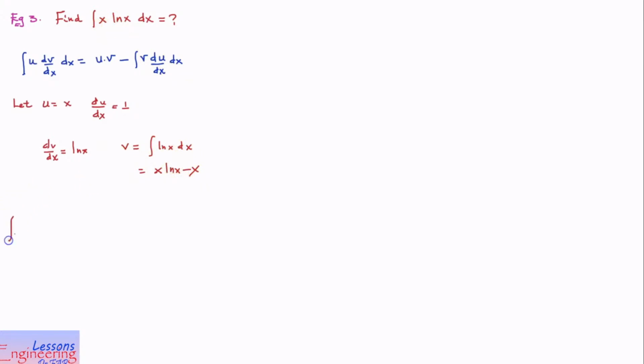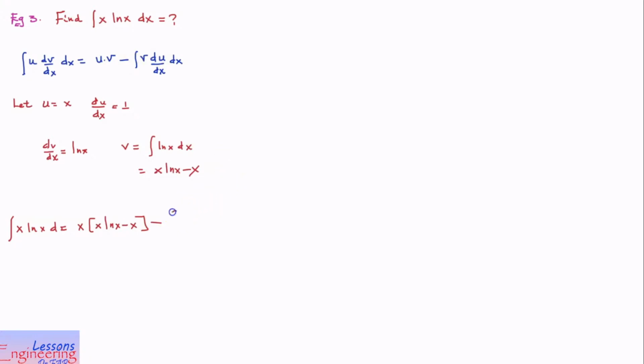This will be the integral of x ln x dx equals u, which is x, times v. So our v is x ln x minus x, minus the integral of v times du by dx.